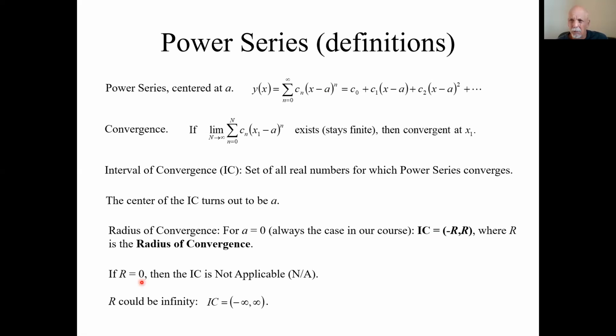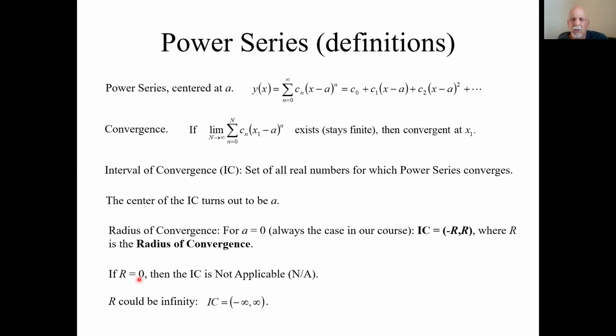If that radius of convergence is exactly equal to 0, then the interval of convergence is not applicable. By the way, it will converge everywhere within this interval and diverge, or not converge, everywhere outside this interval. Right at the boundaries, we can't make a statement, so that's why for the interval of convergence we use open parentheses.